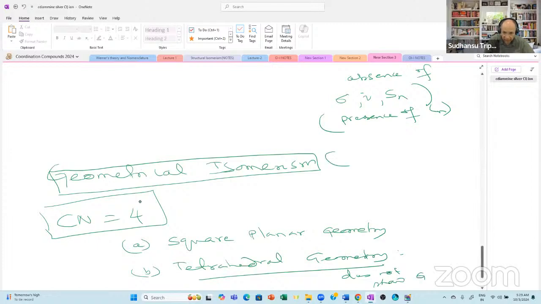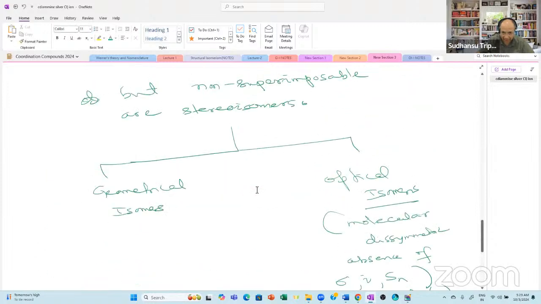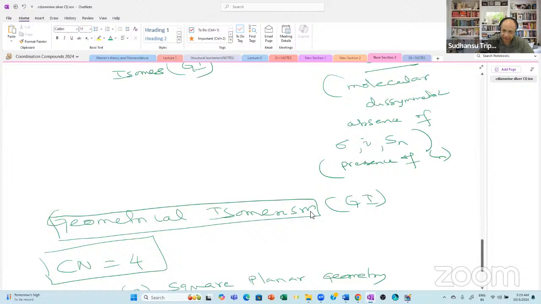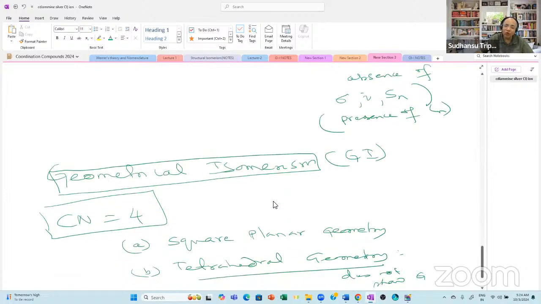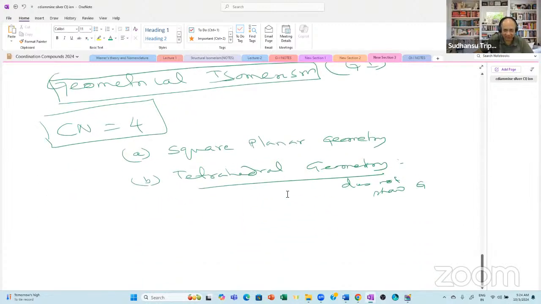Geometrical isomerism, let us write GI. Optical isomerism, OI. So the one which is tetrahedral, we will know which complex having coordination number 4 is TD and which is square planar SP. That time has not yet come.